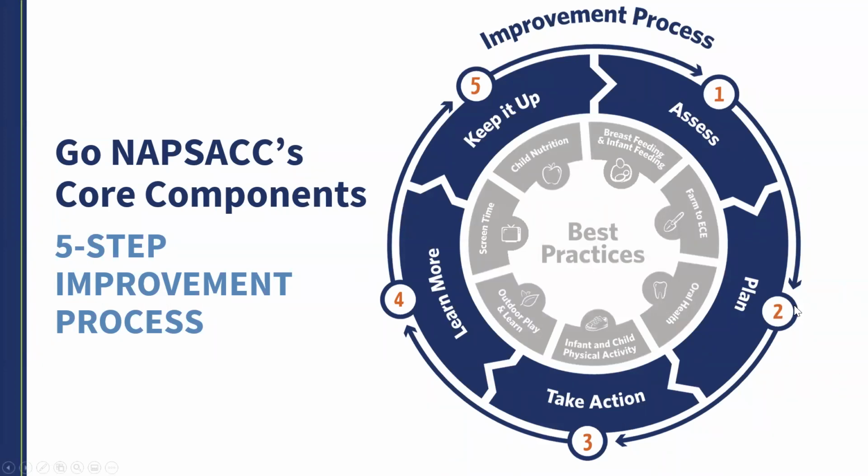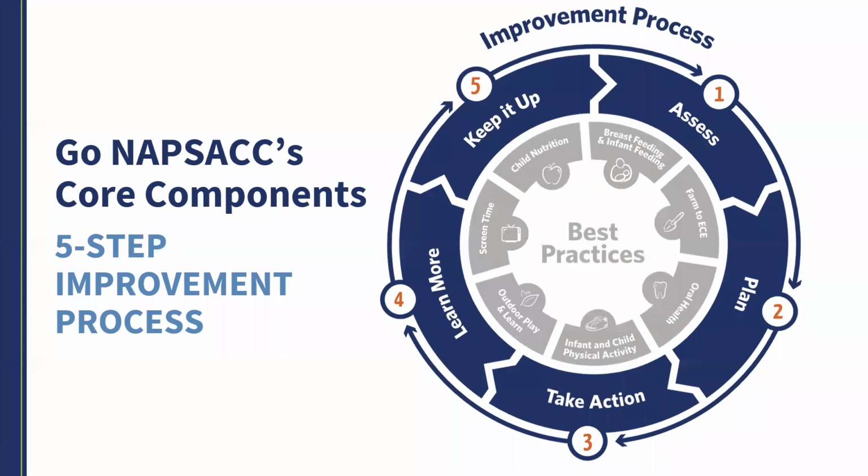So they choose a few goals to work on. They create action plans that really detail what's going to help make this a reality in their program. From there, they start to take action. They can do that in many ways, obviously working with the people in their program, working with their families, learning more through our tips and materials library that I'll show you in a minute, but there are lots of ways to get started. Step 4 is learn more.